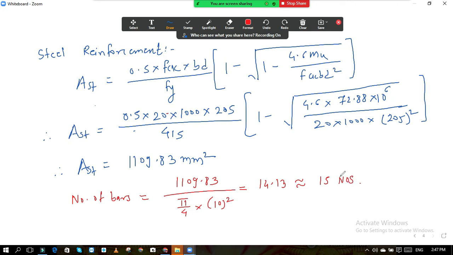So calculate the AST provided. How many bars? 15 bars, diameter 10.